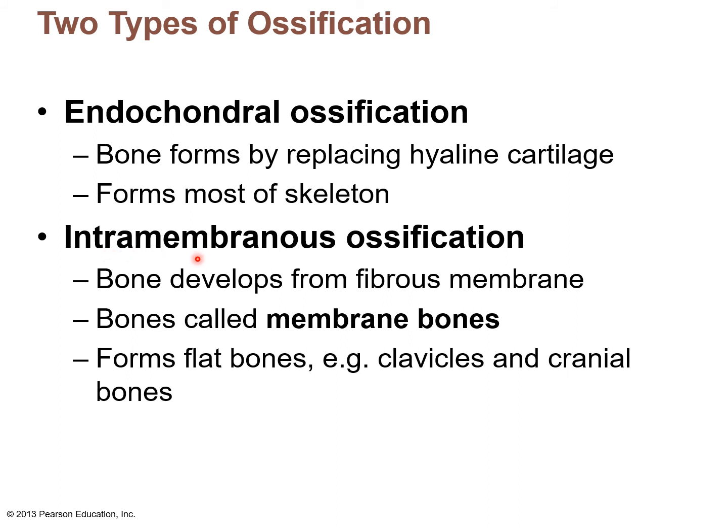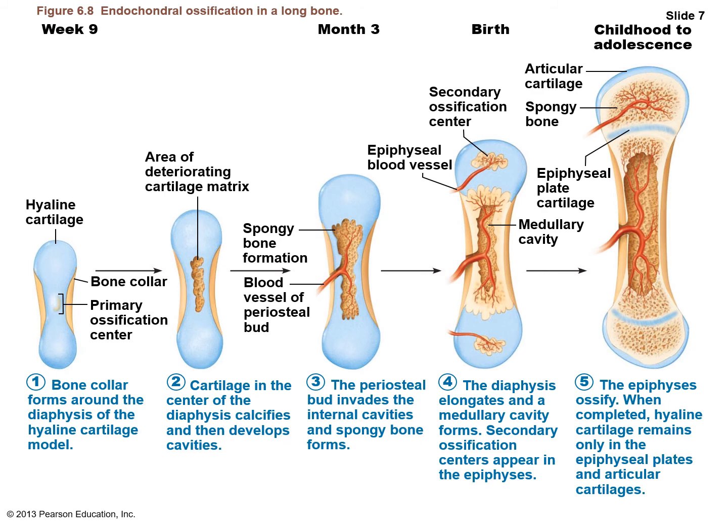Membranous, you're starting off with a piece of membrane. So we start off with a piece of fibrous connective tissue, and that fibrous connective tissue goes through changes and it turns into bone, and this is how we develop our clavicles and our cranial bones. All of the rest of your other skeletal bones go through the endochondral ossification.